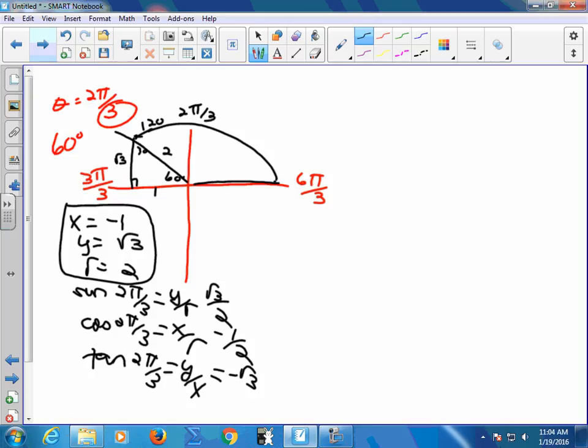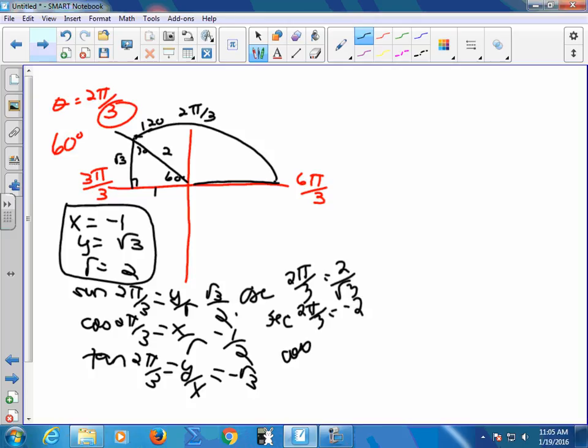Can I do all my reciprocals right off of this? I never have to look back again. Cosecant of 2 pi over 3, take this guy and flip it over. 2 over radical 3. Secant of 2 pi over 3, negative 2 over 1, or just negative 2.